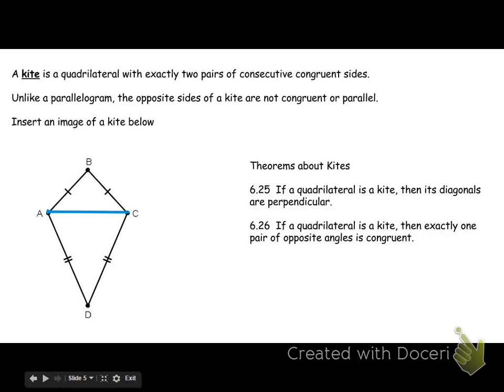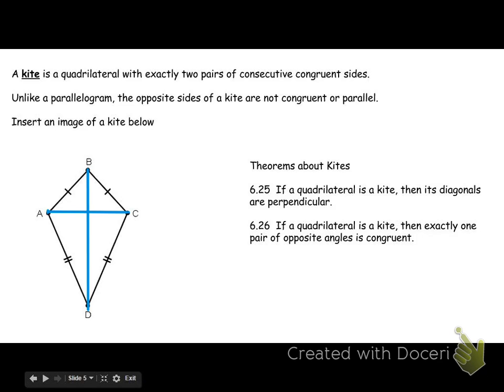Like triangle ABC and DCA? No, because A, C, I see. D has both 2, and the other one has one. Okay, I see it now. It'd only be if it was 1 and 2 and then 1 and 2. Correct. Very good, ladies.